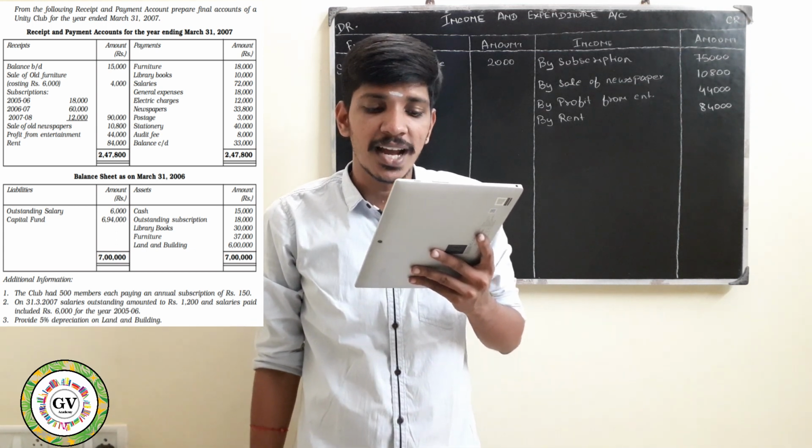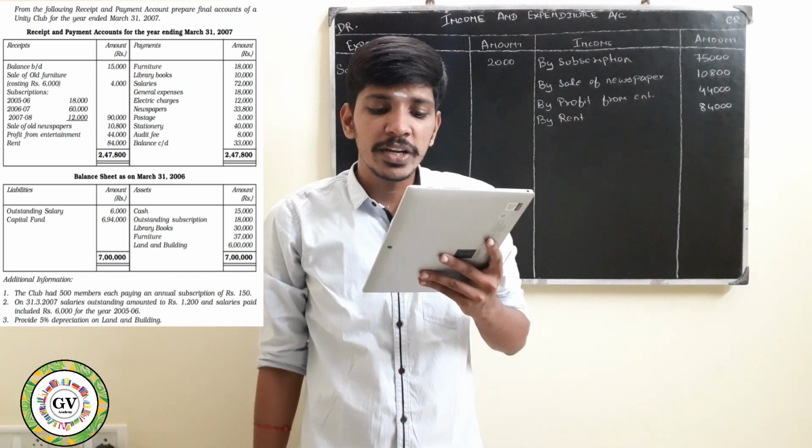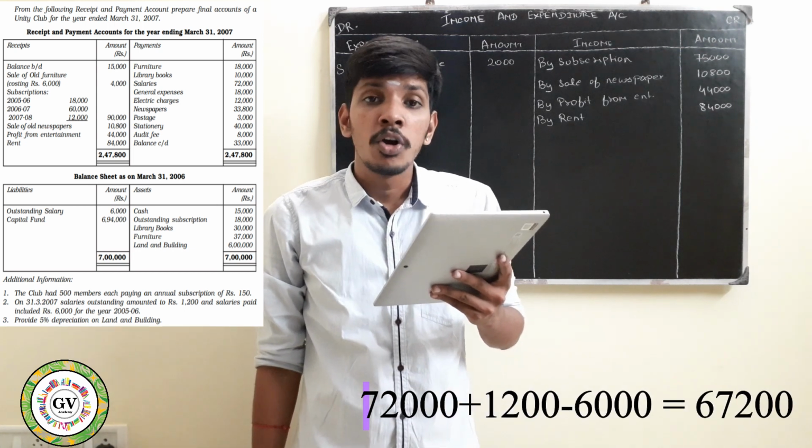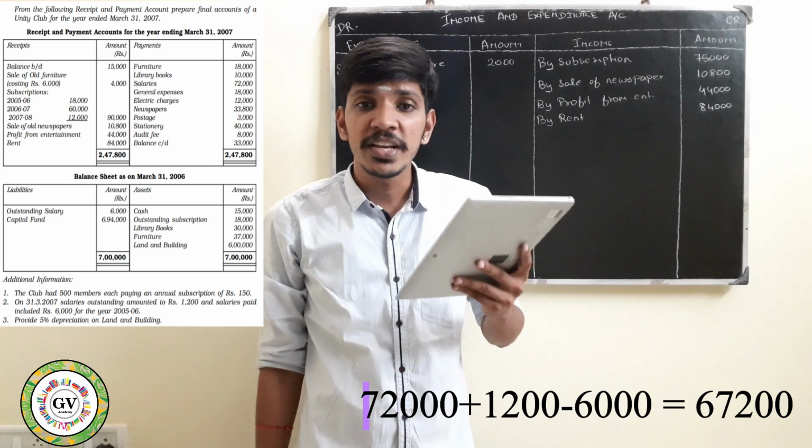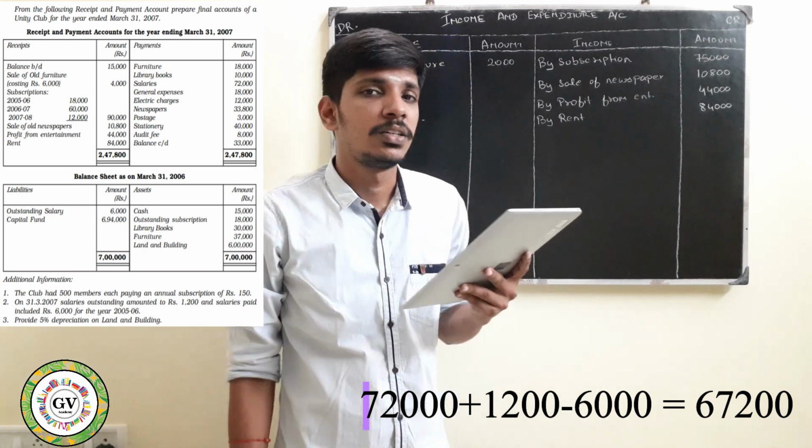Now coming to the payment side, we have furniture of rupees 18,000 which is an asset, library books 10,000 which is also an asset, and salaries paid 72,000. In the current year there is an outstanding amount of 1,200, and rupees 6,000 is paid for the previous year which will be subtracted.